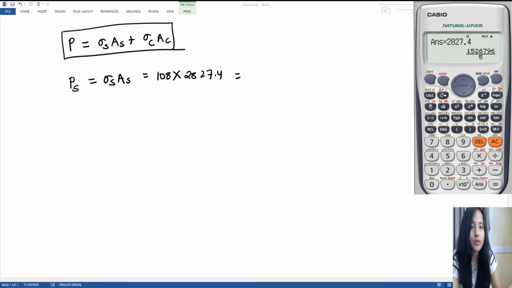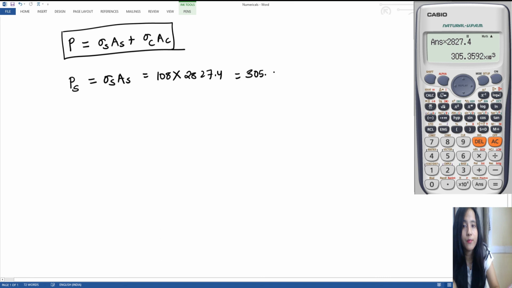So this is coming equal to 305.36 into 10 raised to power 3 Newton, right?